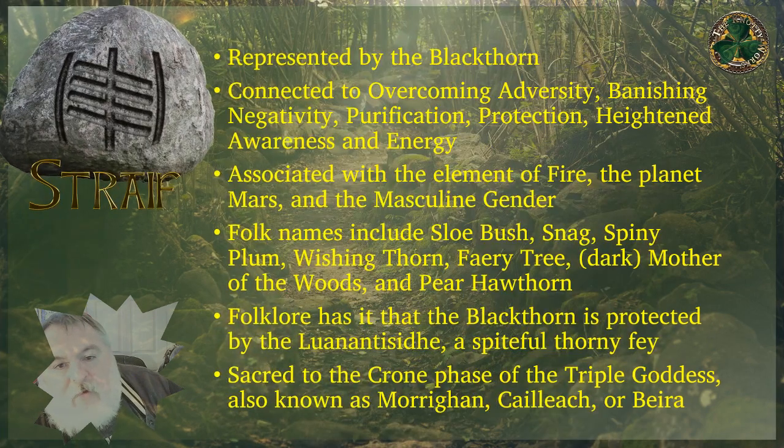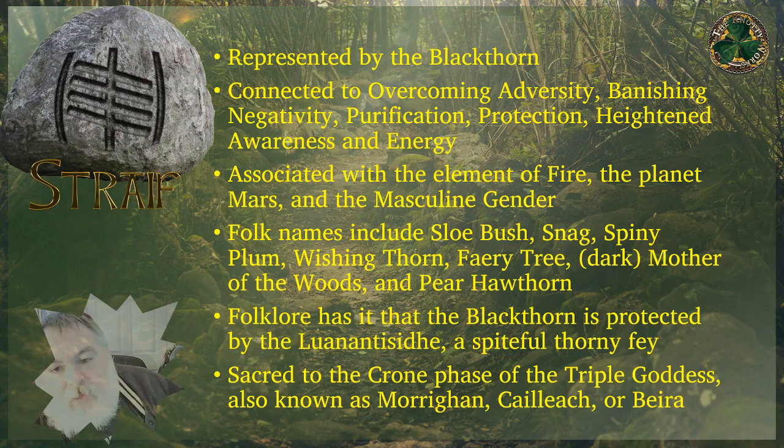Then we have Straif, which is actually the letter Z. And we've got four lines diagonally across, represented by the blackthorn, connected to overcoming adversity, banishing negativity, purification, protection, heightened awareness, and energy. Associated with the element of fire, the planet Mars, and the masculine gender.